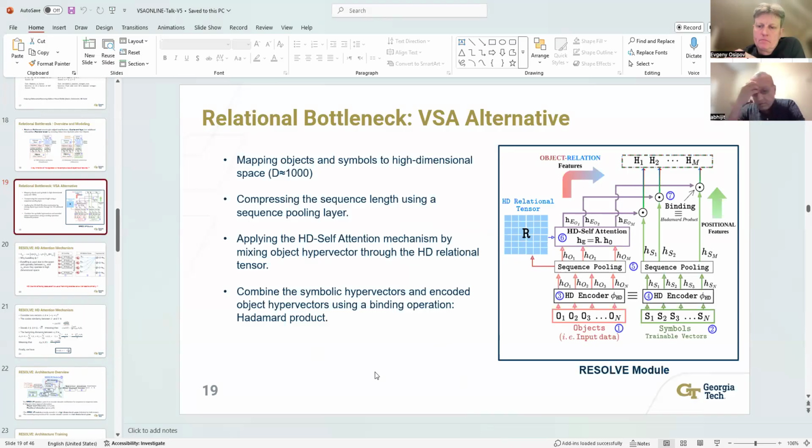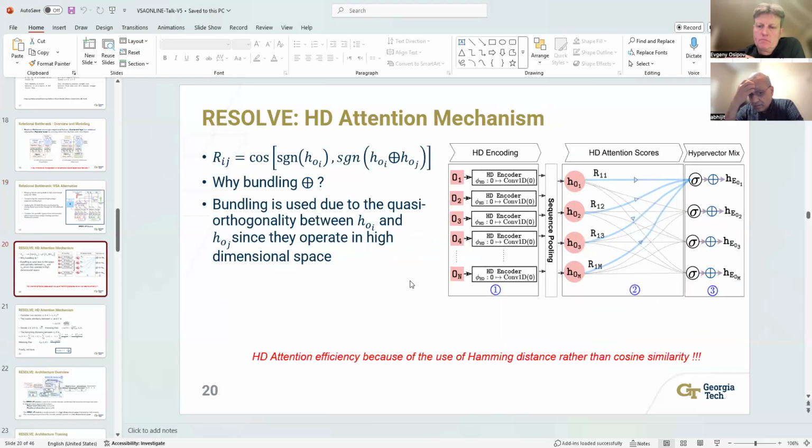Yes. So the high dimensional encoding is a 1D convolutional layer with a kernel equal to either 1 or 3, depending on the task, and the number of filters is equal to the size of the hypervector. Okay.